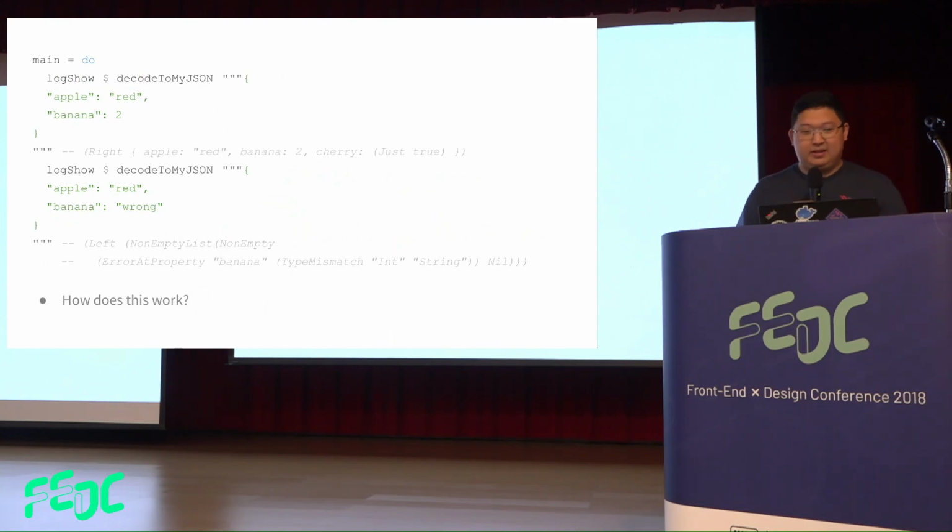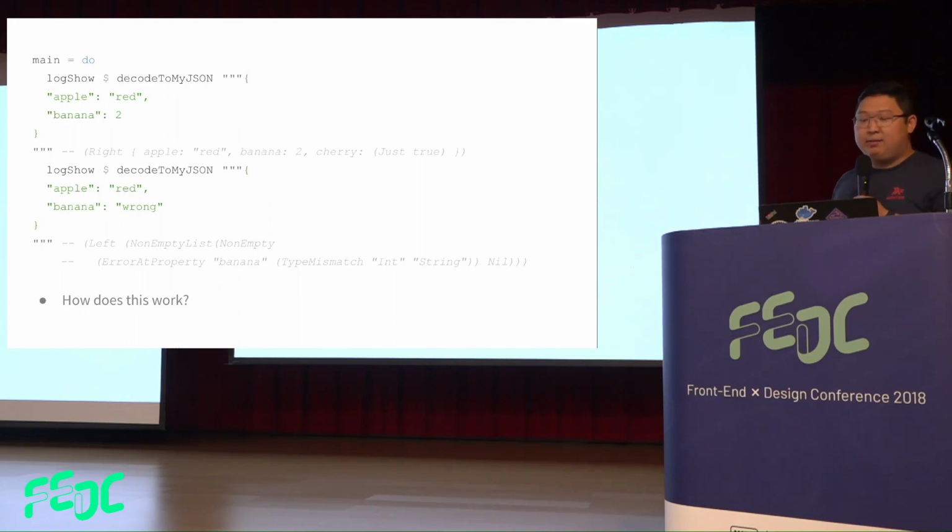That's a typo. And in the case of banana wrong, apple red, this banana was supposed to read into an int, so it's going to come out as the Left side, where we have a non-empty list of errors: banana didn't match the type for int, where it was actually a string.